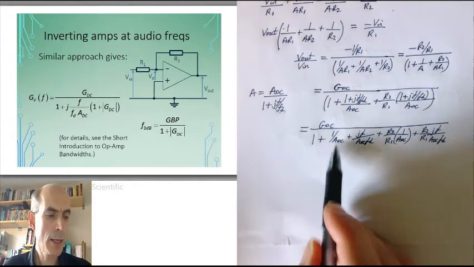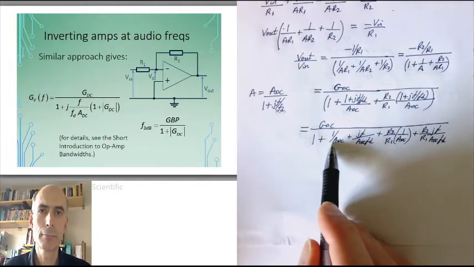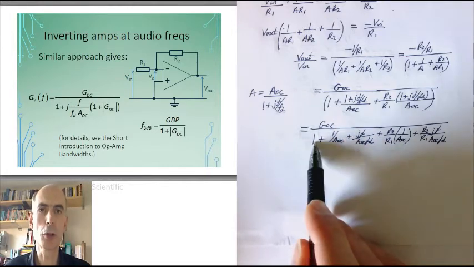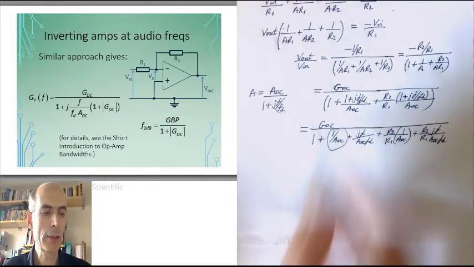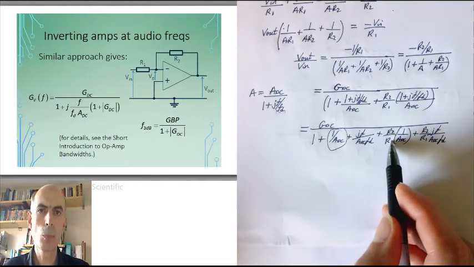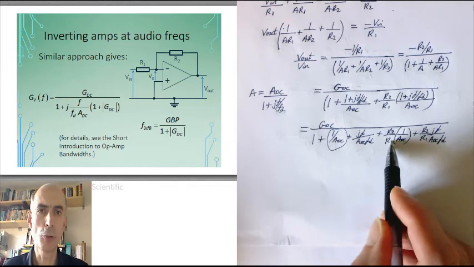Now, ADC is a huge number, hundreds of thousands. So 1 over ADC will be negligible compared to the 1, and we can neglect it. R2 over R1 will be the modulus of the gain of the amplifier. It's not going to be more than about 100 or so in most cases.